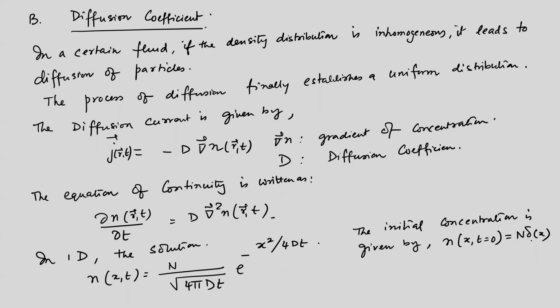What it means is that the concentration is non-zero at x equal to 0, and elsewhere the concentration is 0. So, where the lump has formed, you fix your coordinate system to be 0 there, and then this has a density, the total density being n. So, this is how n is defined here, and this has a form with x as a Gaussian form.